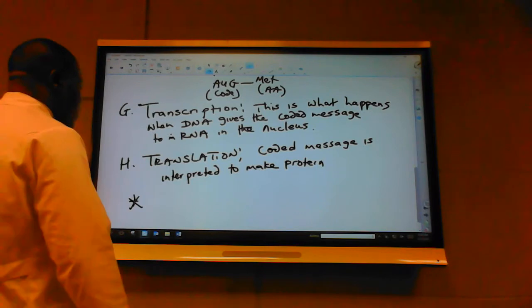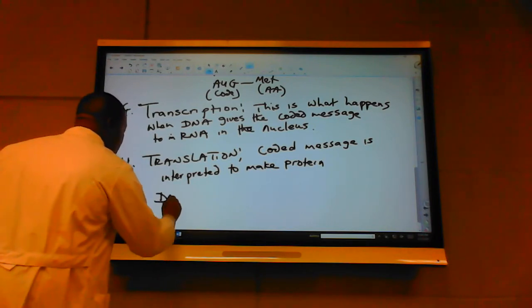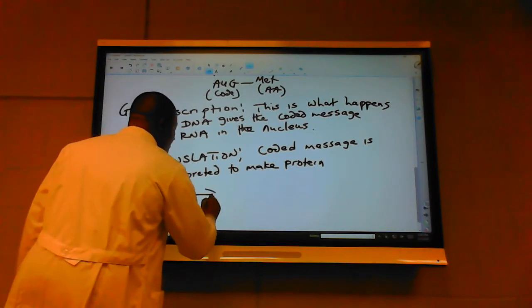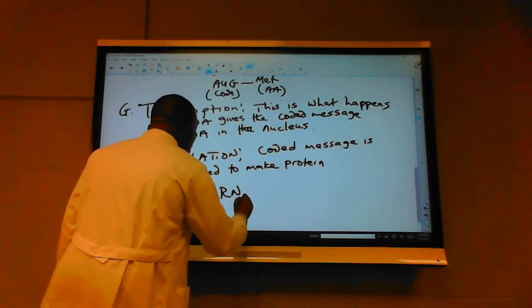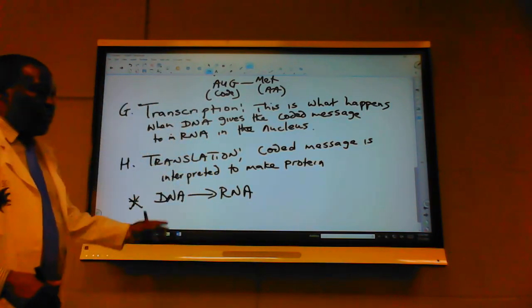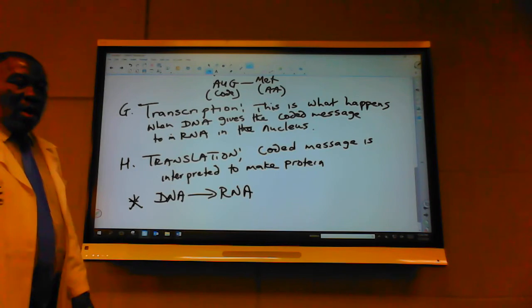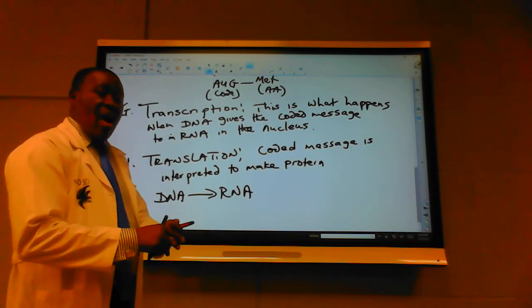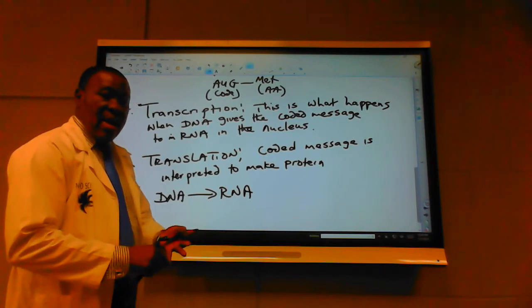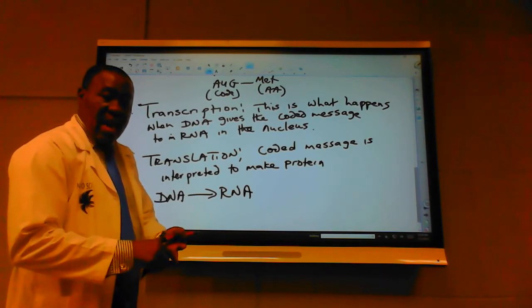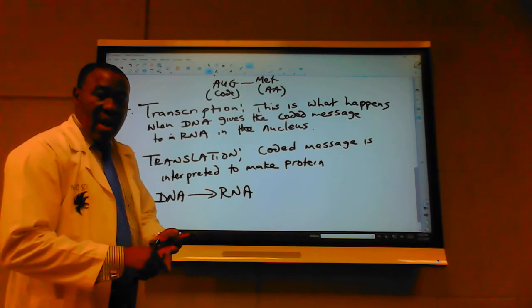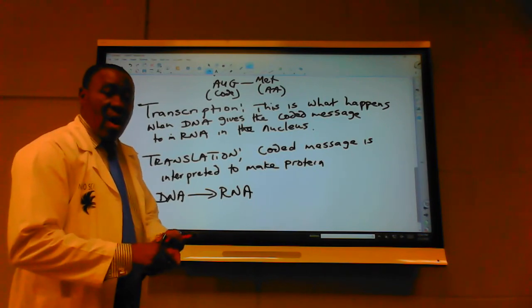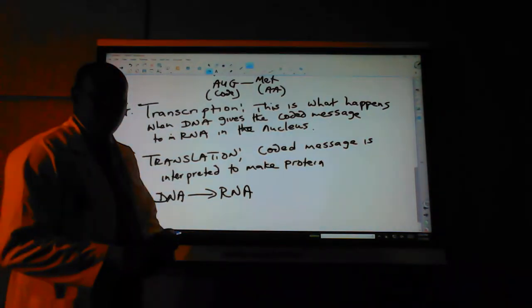So what's the star? First, you start with DNA. That DNA is going to give the information to RNA, and then RNA, so forth and so on. There are 3 RNAs. You have mRNA, you have tRNA, then you have rRNA. Messenger RNA, tRNA, which is the transport RNA, and then you have the rRNA, which would be the ribosomal RNA.